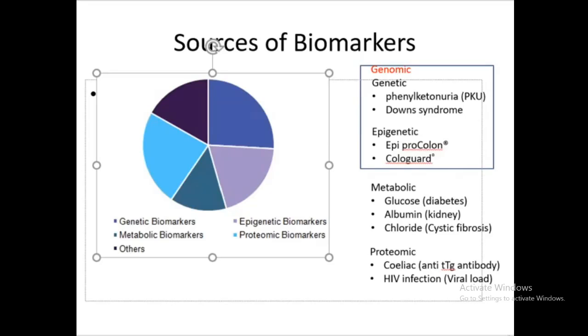So that's one way: you sequence a gene. If that particular gene is mutated, then you can for sure identify that person has PKU. Another one is Down syndrome, where the individual has 3 copies of a chromosome, and in that sense you can diagnose Down syndrome.